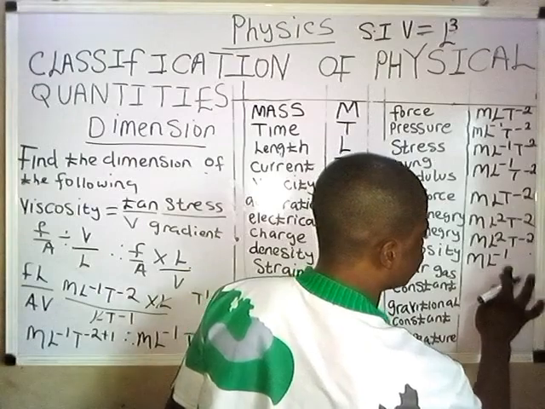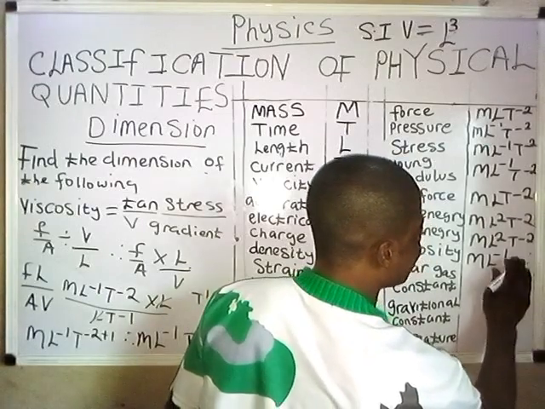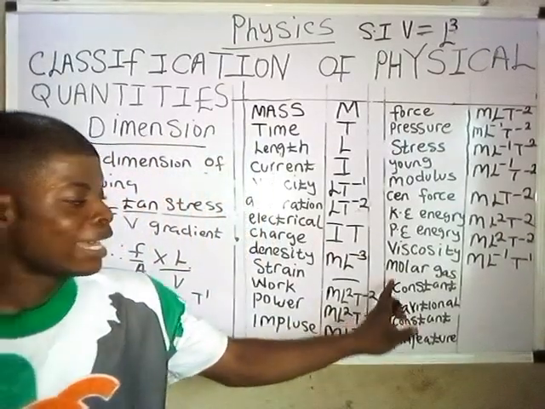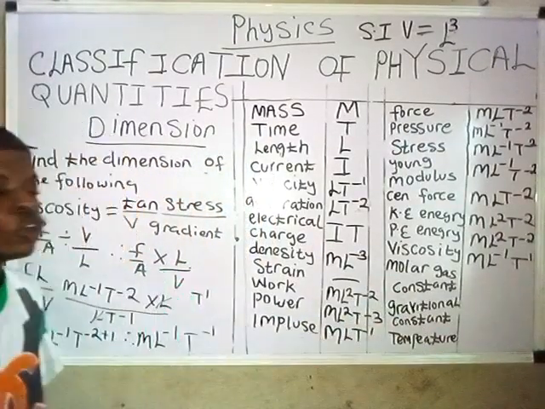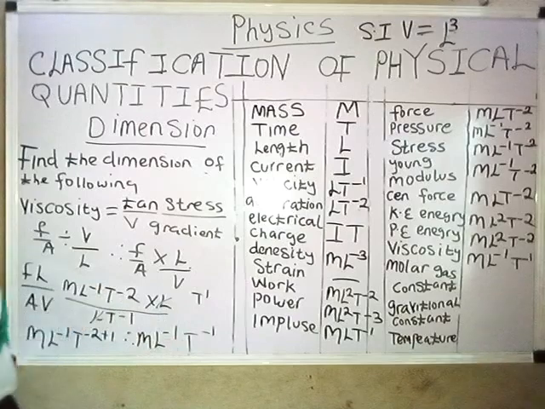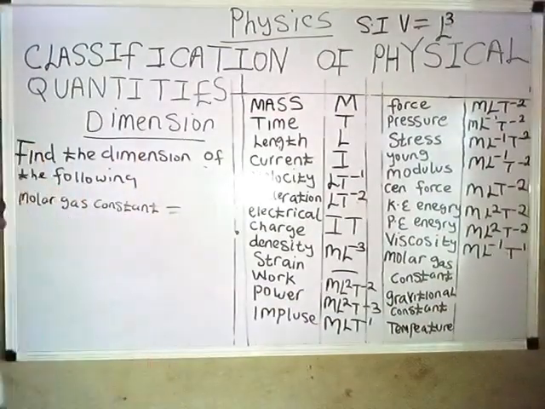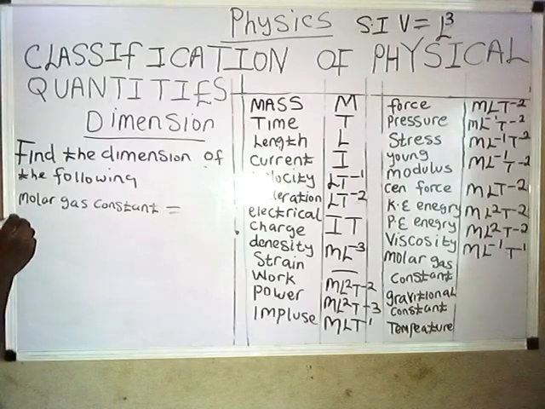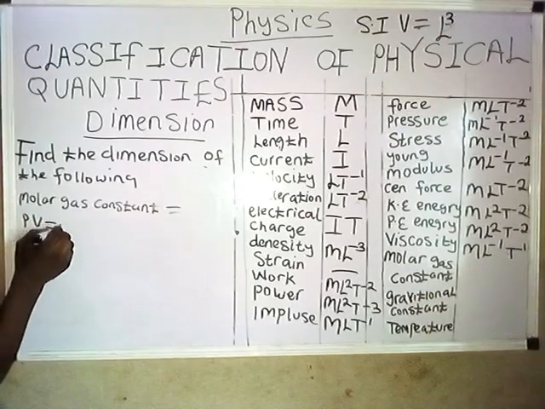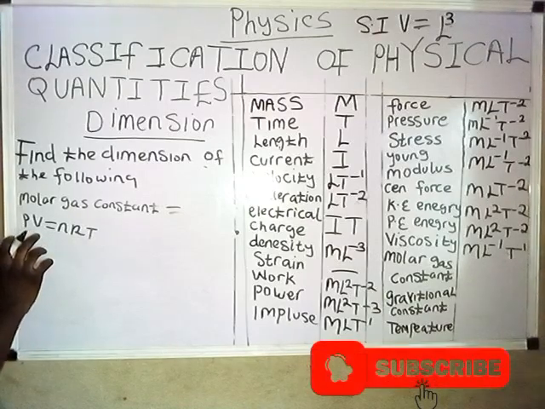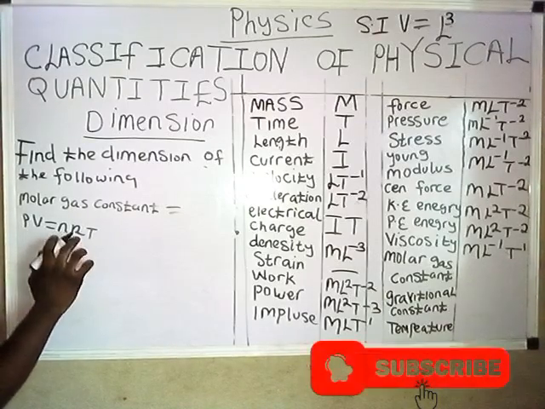So let's look for the dimension of the molar gas constant. What is the formula for molar gas constant? Let's say PV equals nRT, where P is pressure, V is volume, n is number of moles, and R is the molar gas constant.